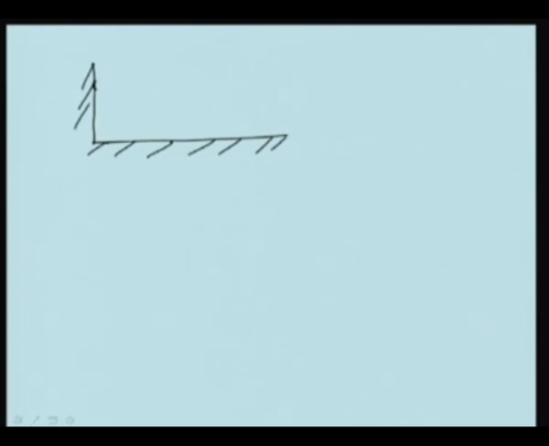If there is a block held by a spring, from here you fire a bullet through a gun. Once it is fired, say it has some velocity v and the mass of the bullet is m.